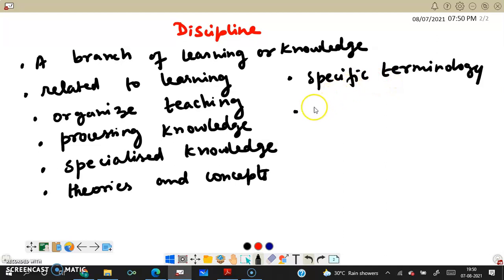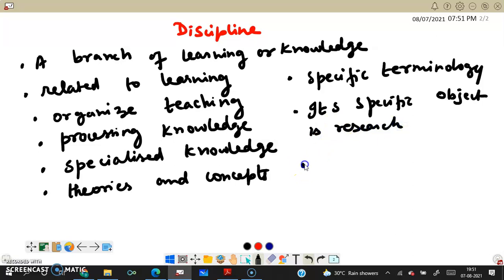Then the specific object is research. It has a definite methodology of research.